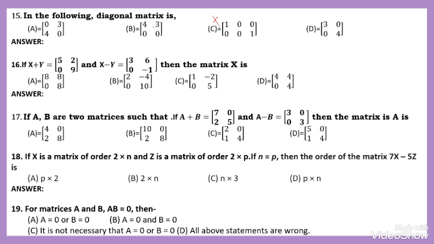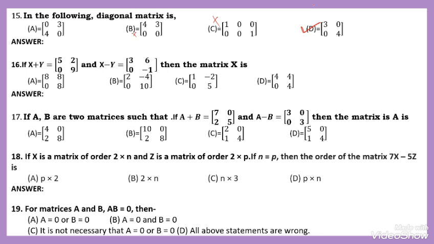Here there is a non-diagonal element that must be 0. Here option 3 is present, so I will neglect it directly. The definition says the non-diagonal elements should be 0. Here they are present. Therefore, option D is correct.